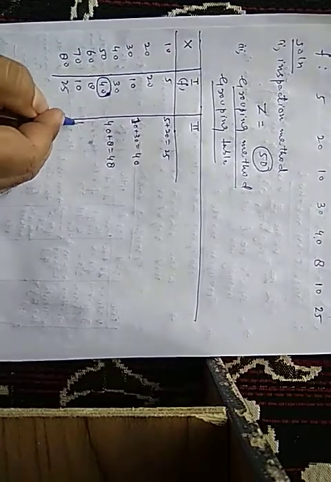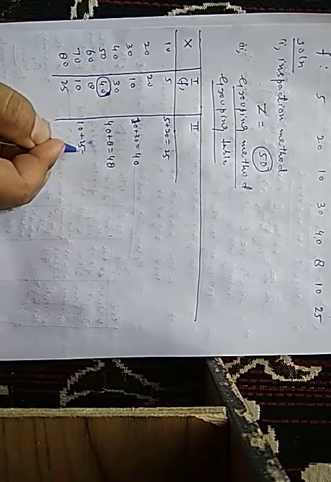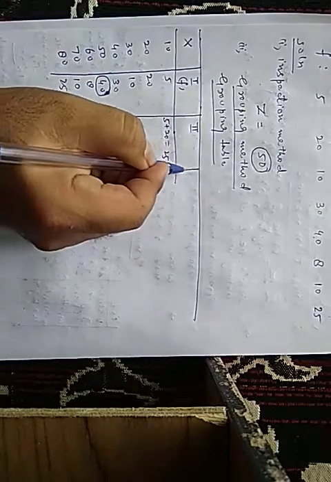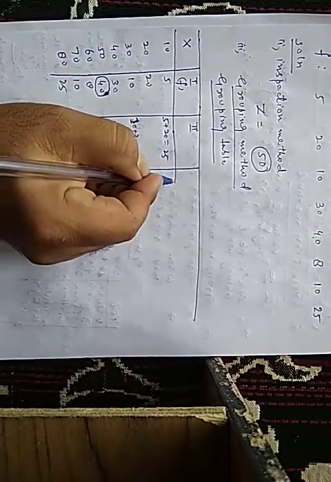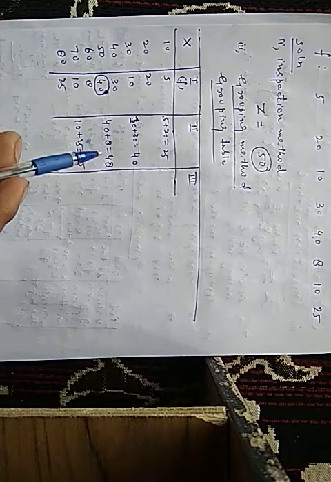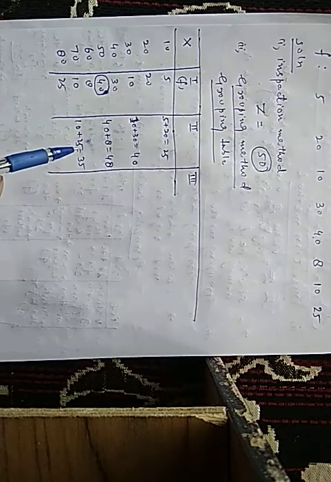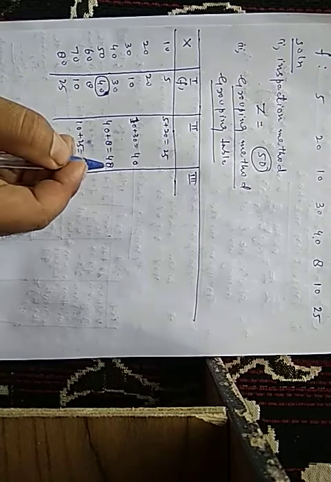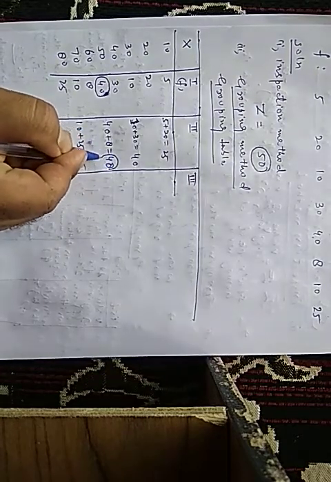Next is 40 plus 8, it will be equal to 48. Then 10 plus 25, it will be equal to 35. In this second column we have to encircle the highest frequency, that is 48.